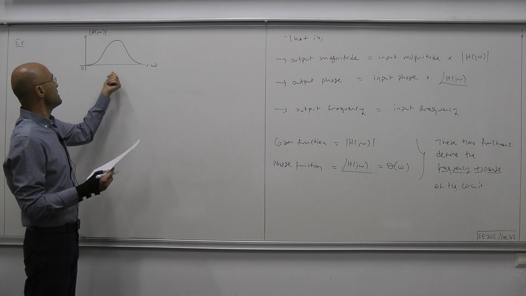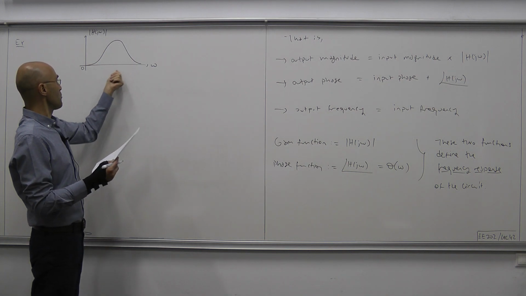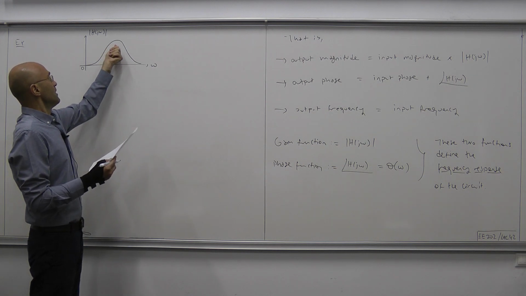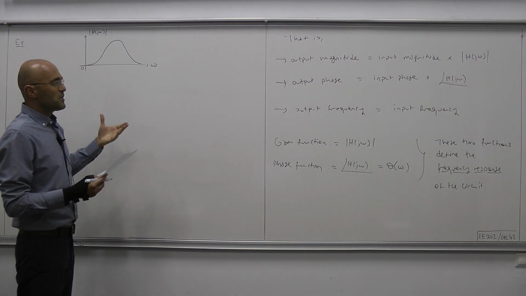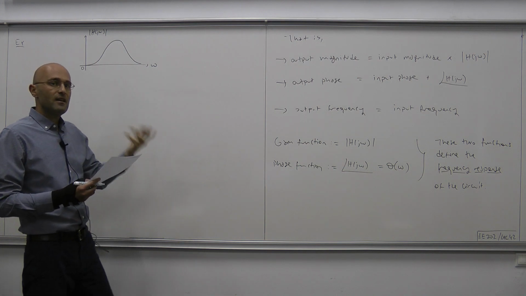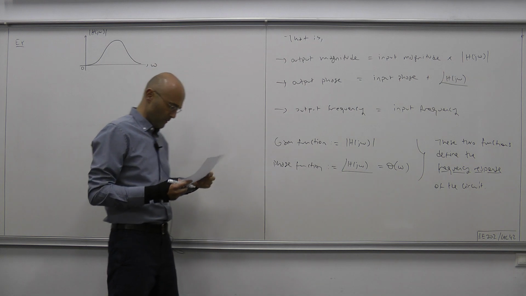And at intermediate frequencies, when omega is somewhere here, the gain function takes some meaningful values, so when the frequency of the input is in this range, at the output we see some significant signal.